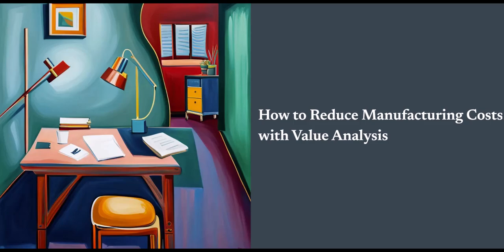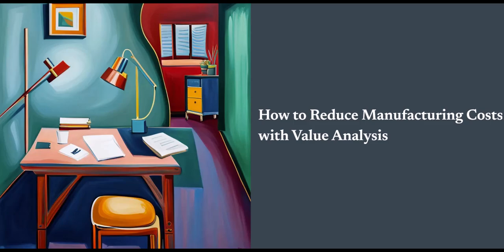And let's not forget about resource allocation. Knowing the cost and importance of each function allows for better resource management, which is vital in an industry where resource constraints are common. Innovation is another exciting aspect of value analysis. The process can spark creative ideas for product improvements or new production methods, giving companies a competitive edge. And once you successfully implement value analysis for one product or process, the same principles can be applied across different areas of your manufacturing operation, making it a scalable solution.